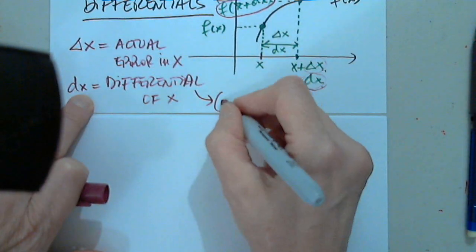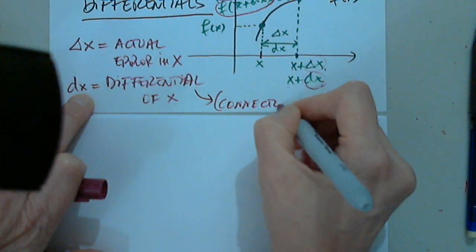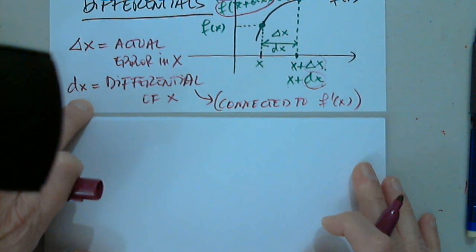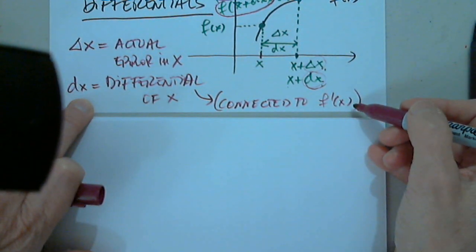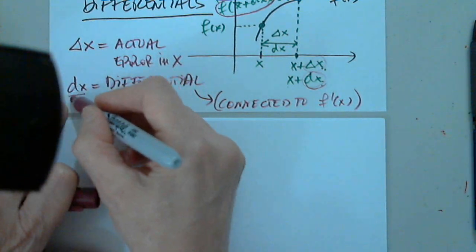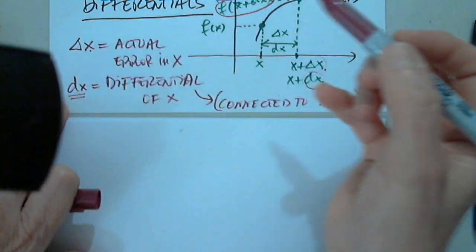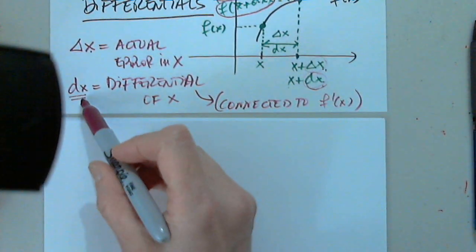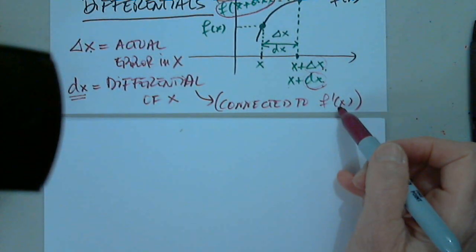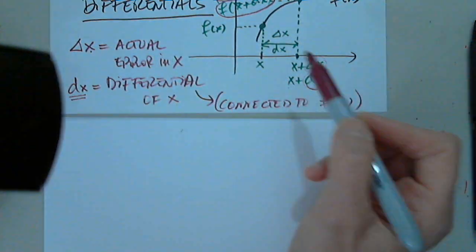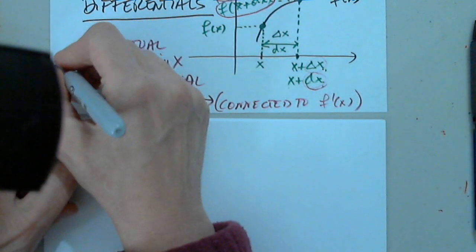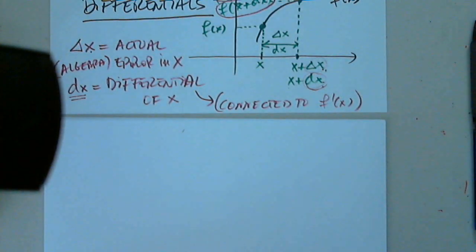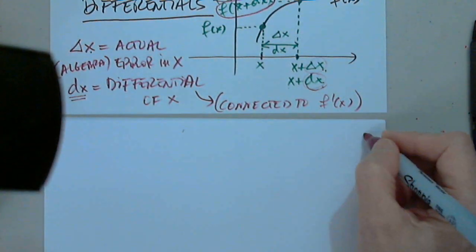It is connected to f prime. This is f and this is f prime. So that's why it's dx and not delta x. It happens that they are equal in measure. But dx has something to do with the derivative. Delta x is all algebra. Plug it in. It has nothing to do with calculus.